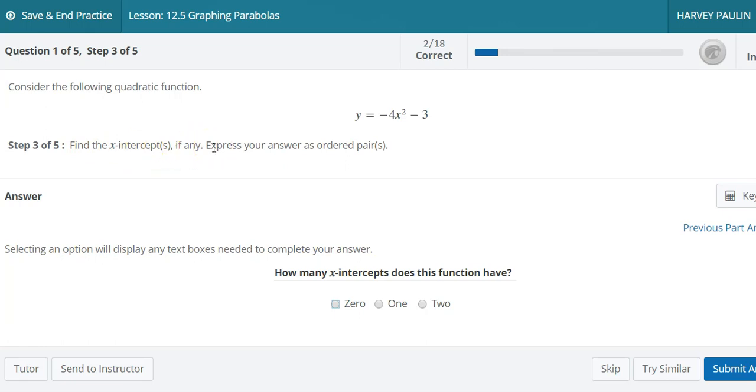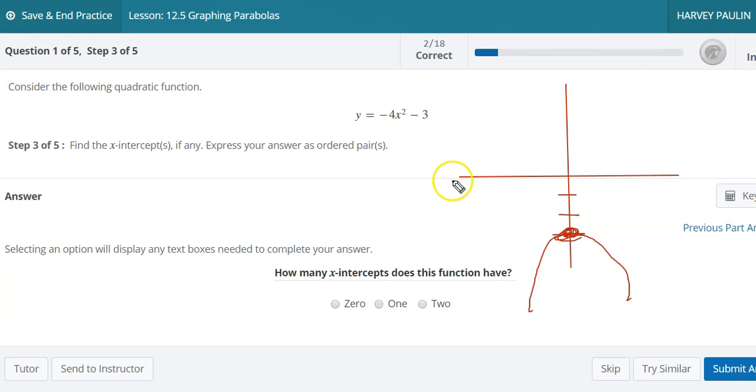Well, for this, we need to study it a little. So we said our a value was negative here. So this parabola is going to open up downwards, and we said the vertex was 0, negative 3. So it's going to look like so.